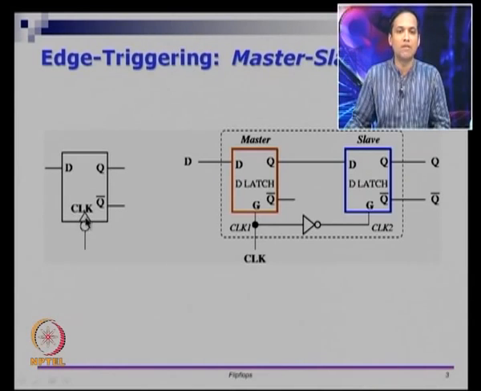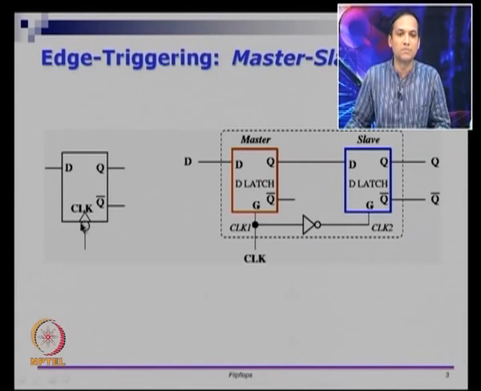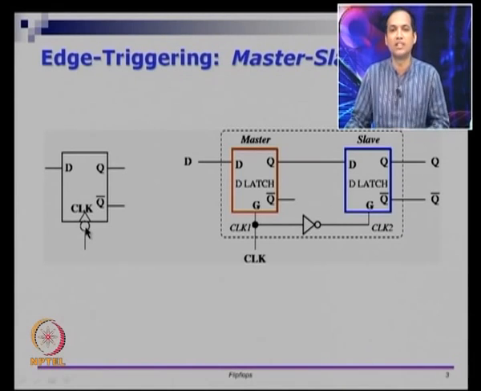This triangle here, not the bubble, indicates that it is a flip flop. So, if you look at a rectangle with an input here, two outputs named Q and Q bar, and a triangle like this, that is a flip flop. If it does not have a triangle, it is usually a latch, and this bubble is something extra. This bubble is equivalent to inversion. We will come to that in a little while.